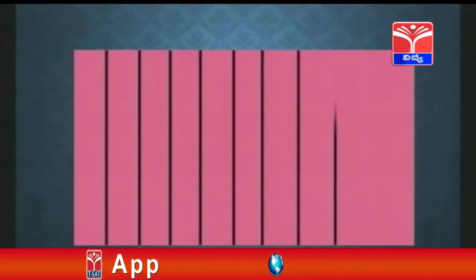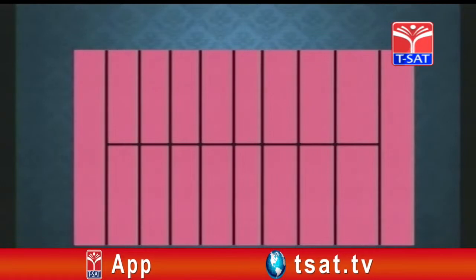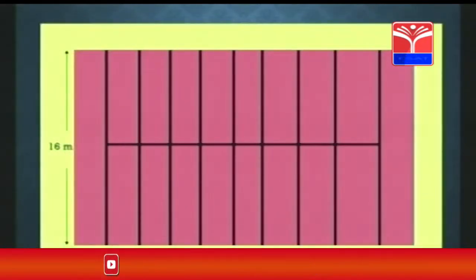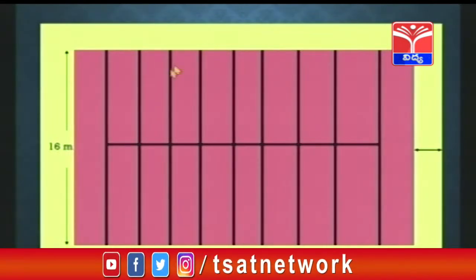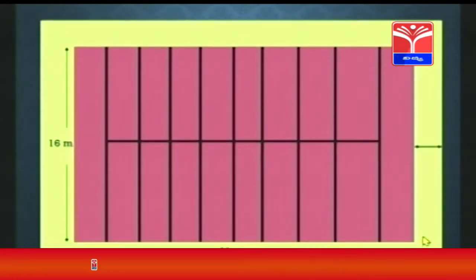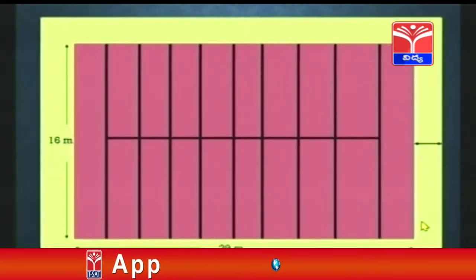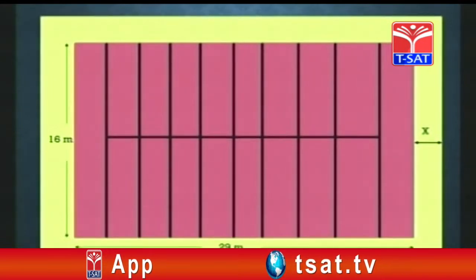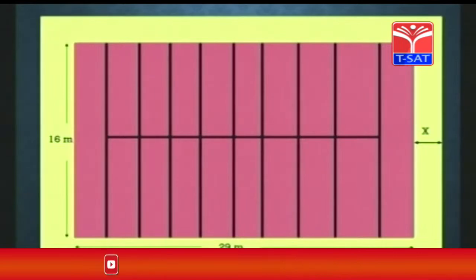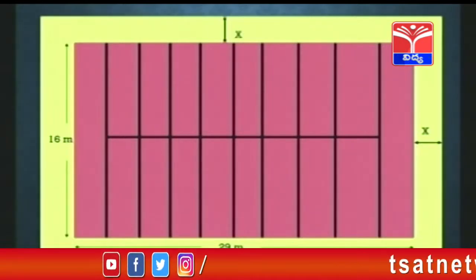Okay, now let us draw the court first. Let's imagine it would be something like this, whose dimensions are 29 meters by 16 meters. Now, this green portion is the place which has to be allotted for the spectators, that is audience, and the width of the space would be x meters on all the four sides. Now let's try to relate this situation to an equation.